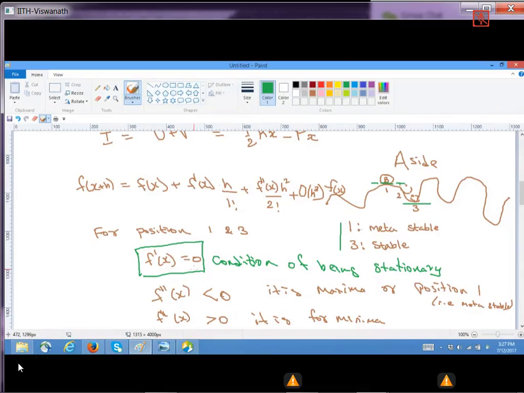But you need to understand that the example I have shown is for single variable calculus. Now, when variational calculus is introduced, it is not for a single variable calculus.